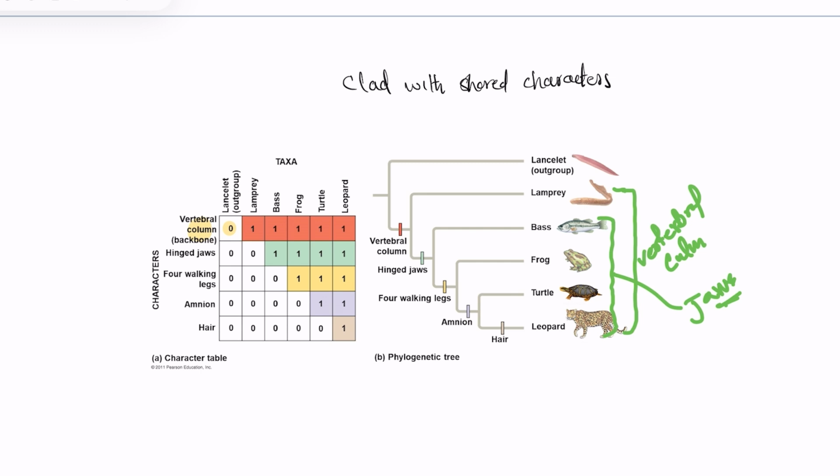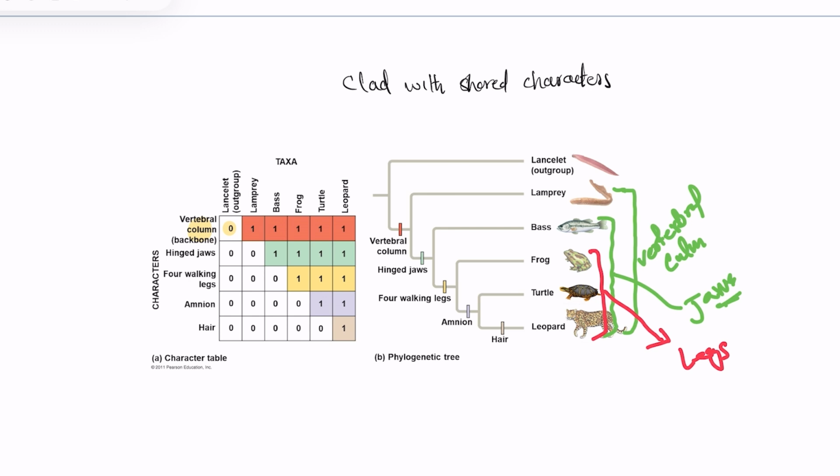The third one is four walking legs. When we come to the four walking legs, it will exclude the fish, and these three share the character of four walking legs. Then the fourth one is the amnion, a membrane.